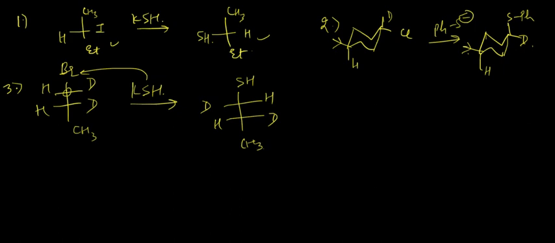Okay, so now what happens is, supposedly, let me write it down. If the leaving group is on equatorial position, then in the SN2 reaction the nucleophile will be at the axial position, right?